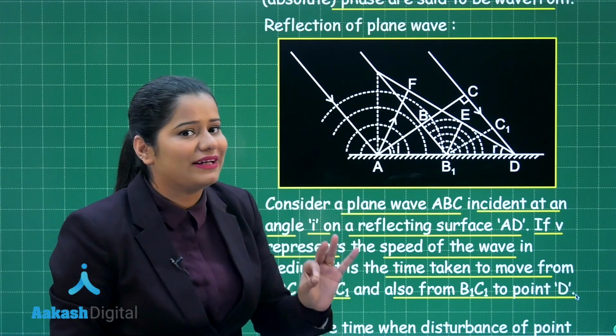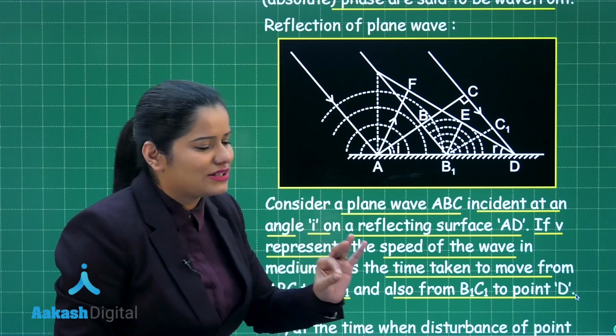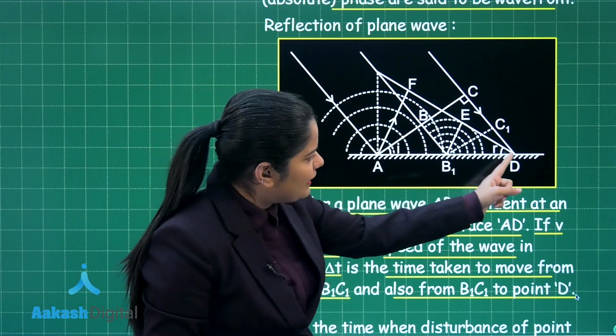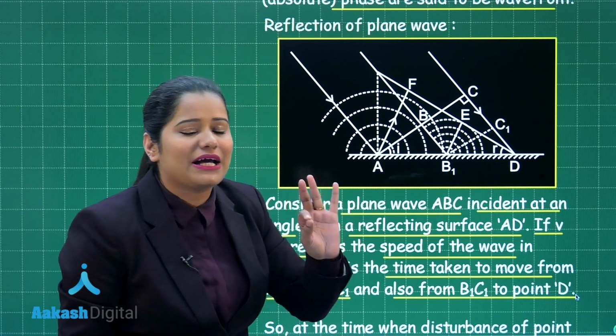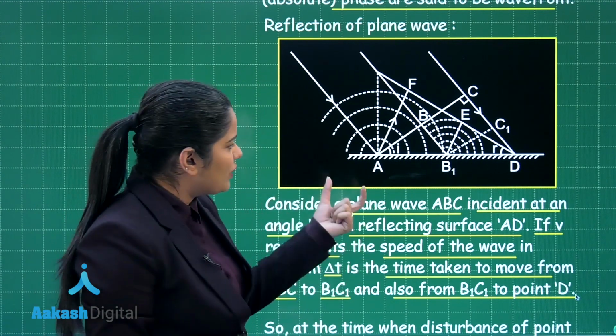Now, when the disturbance reaches from point C to point D, in the same time, what is going to happen?